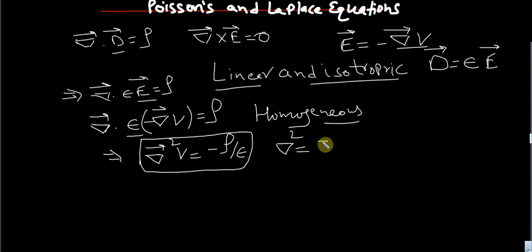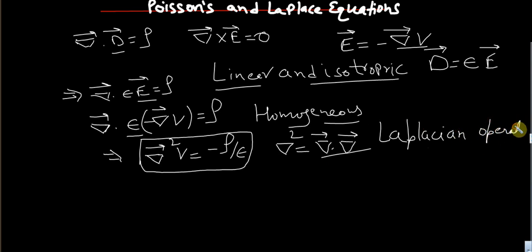Del square is del dot del. Divergence of del is del square. This del square operator is called the Laplacian operator. Del is converted into del square, and this equation is the Poisson equation.